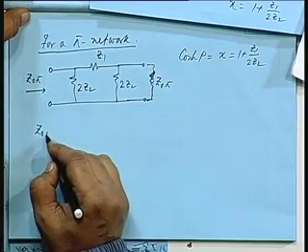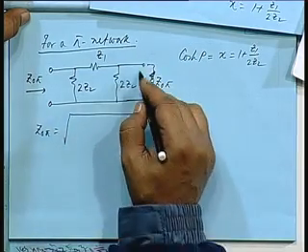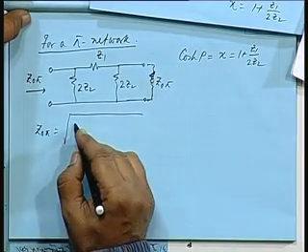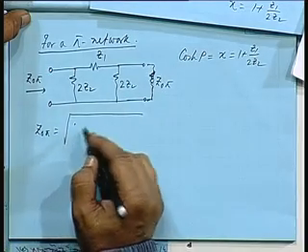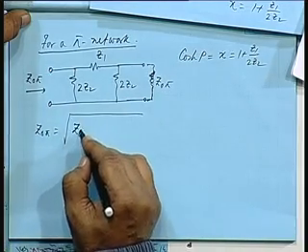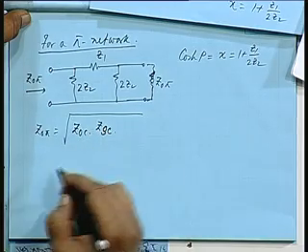So Z naught pi will be, from the short circuit and open circuit impedances you evaluate from there, root over of Z open circuit into Z short circuit.